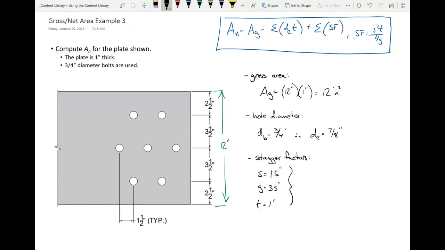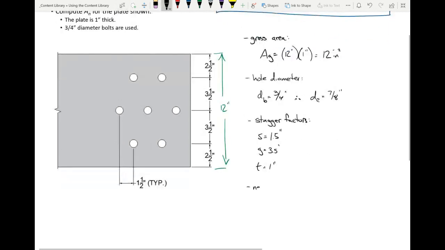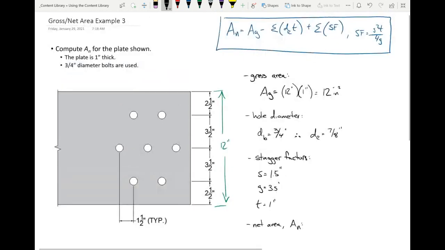So let's look at net area. I'm going to try to be a little efficient on this. Here's our formula: the gross area minus the sum of the diameters times the thickness plus the sum of the stagger factors.